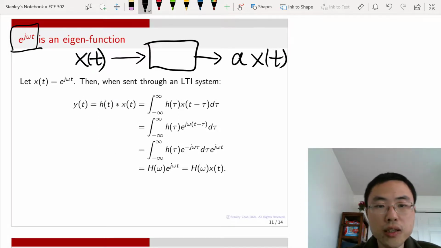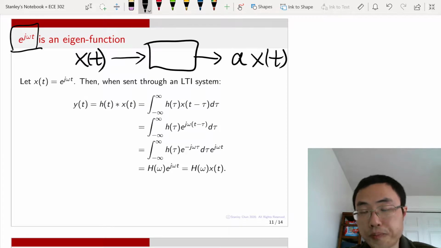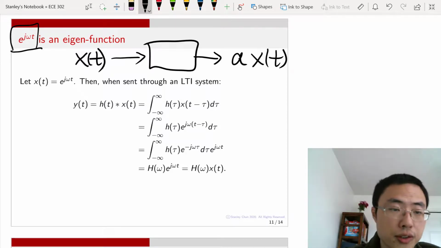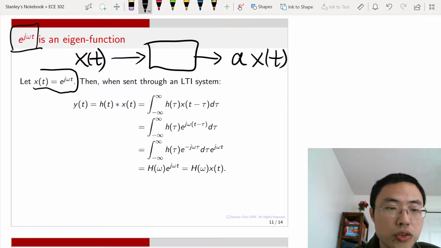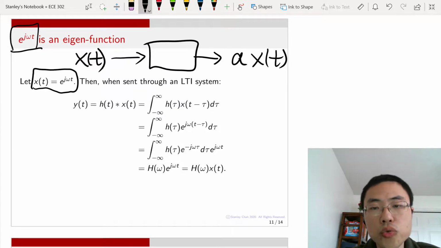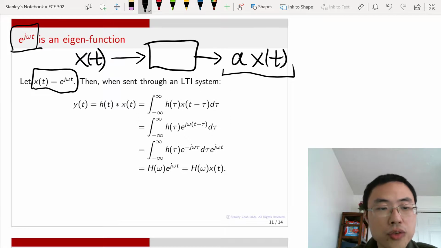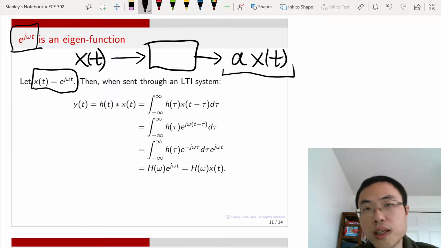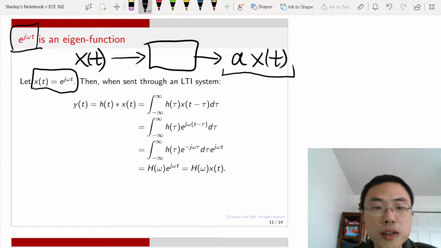So whatever you send into the system, you will get back. It turns out that if x of t equals e^{jωt}, you will indeed get back something of this form. And as such, your e^{jωt} is an eigenfunction.